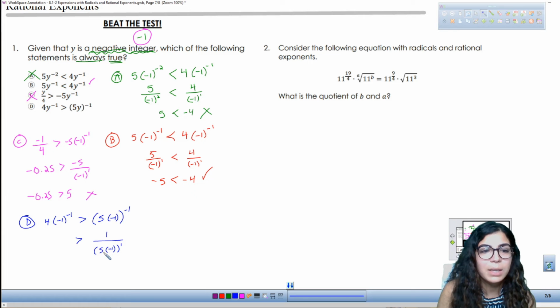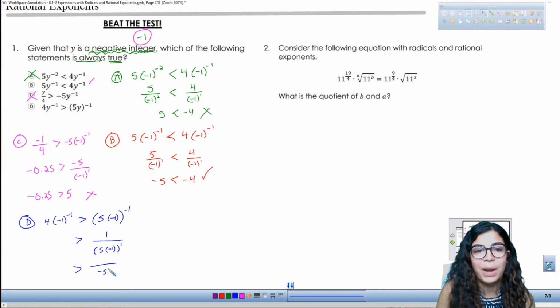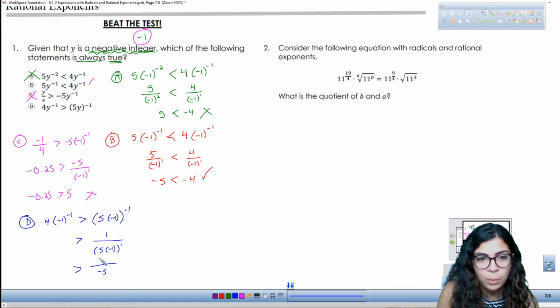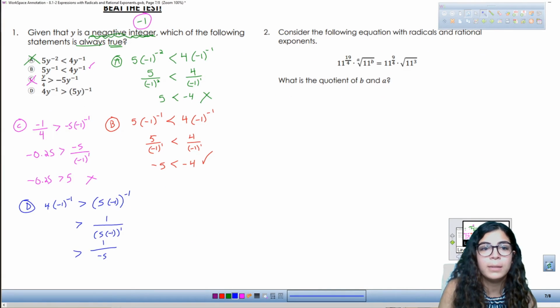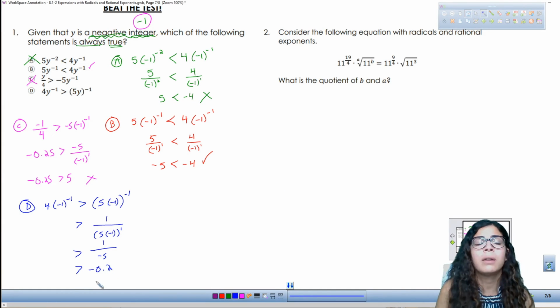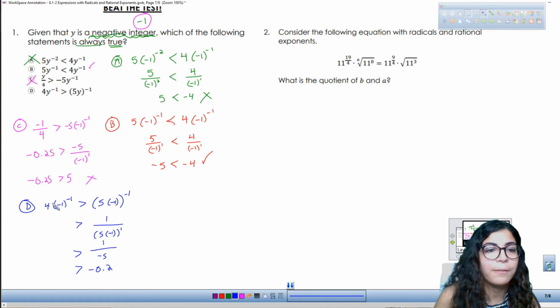So we have 5 times -1, which is -5, and that has a power of 1. -5 to the power of 1 would just be -5. So we have -1/5, which is -0.2.